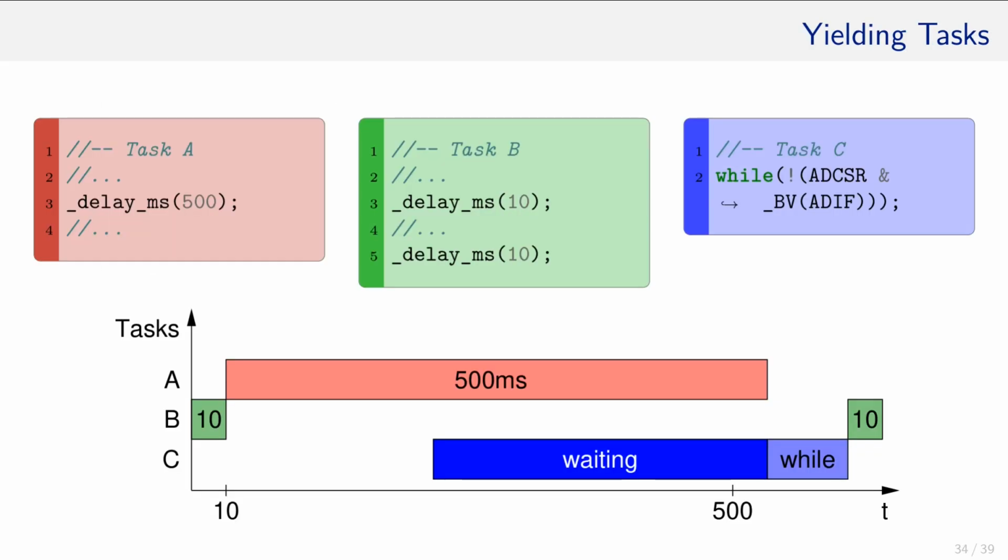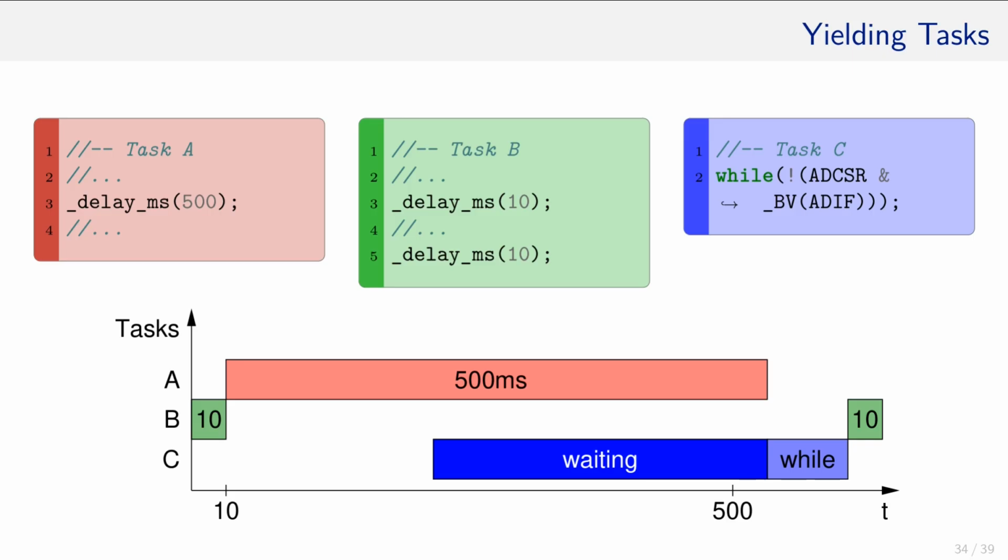All those are conditions in which a task could yield and allow other ready tasks to be executed. Let's assume task B is scheduled first. Since the delay is a fixed implementation in the AVR library, the CPU will be busy in that delay loop. After that, we could include a command in the task which yields it and let the scheduler decide to allot the CPU to task A, which is ready.